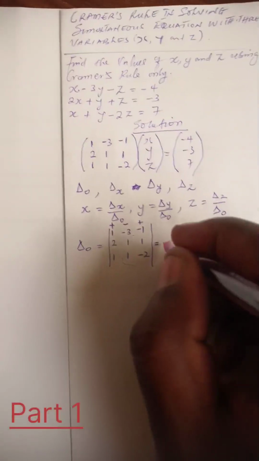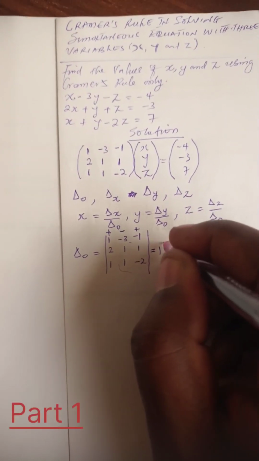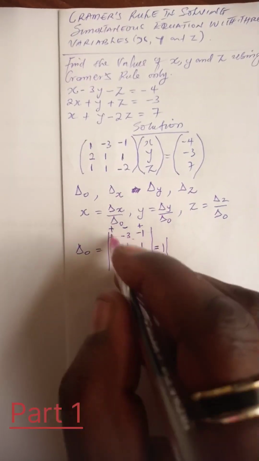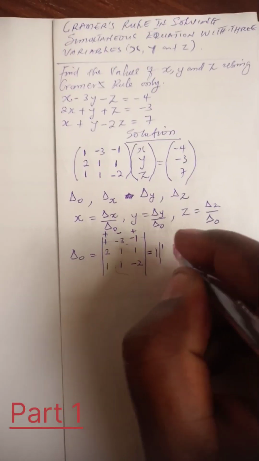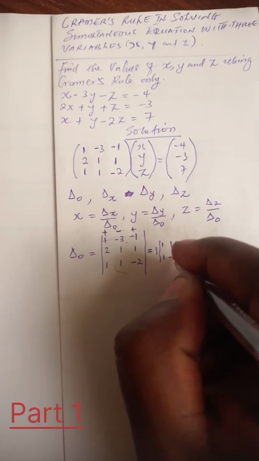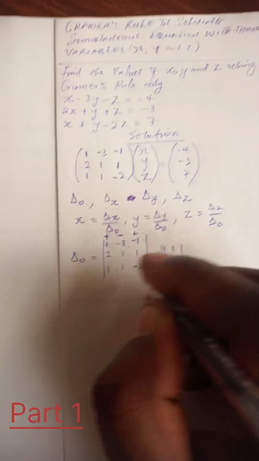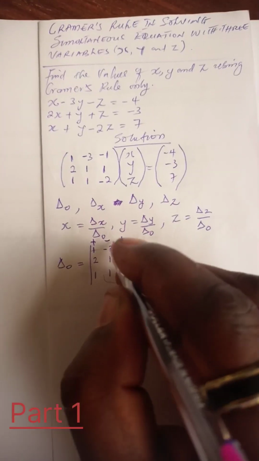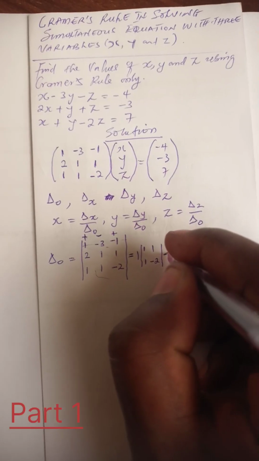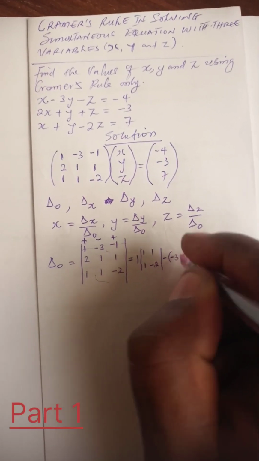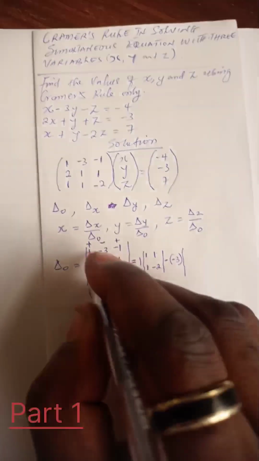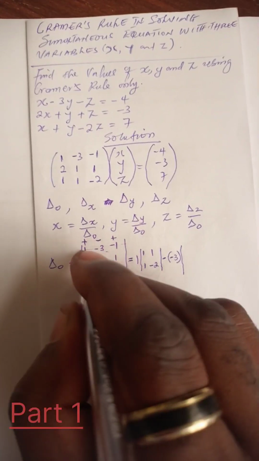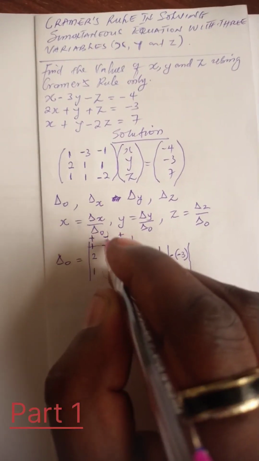So that means I'll have plus 1, and the values I will have left when I eliminate this and this will be 1, 1, 1, and minus 2. These values here. To do the second one now, if I'm going this way, then it will be minus. So I'll have minus into minus 3, which is the value there. And if I want to get the values, I have to eliminate the row that minus 3 is in and the column that minus 3 is in.